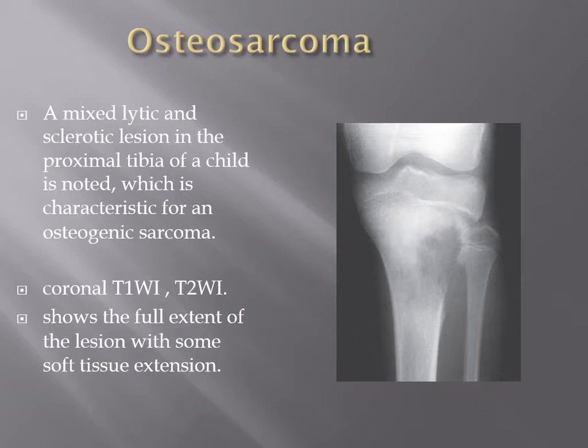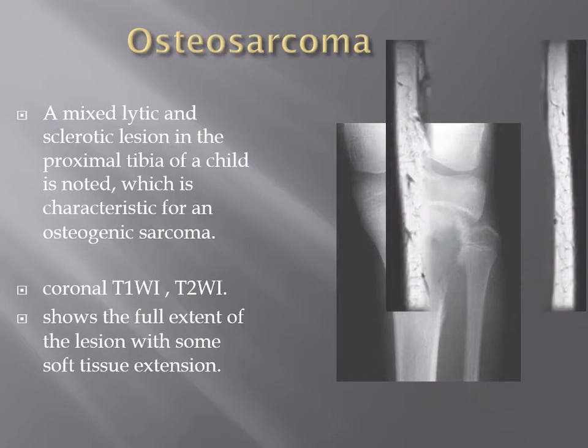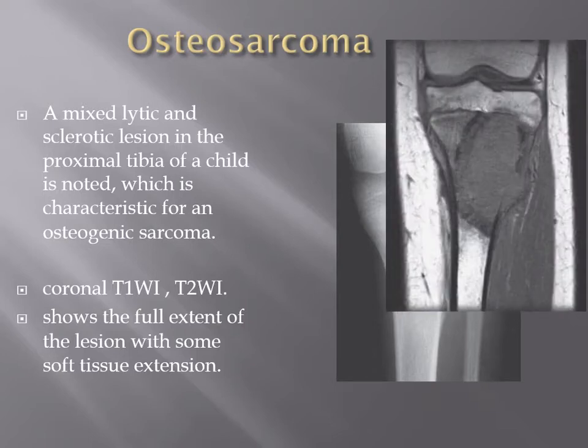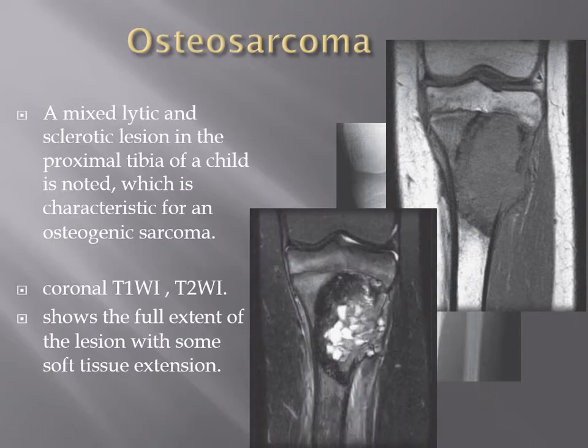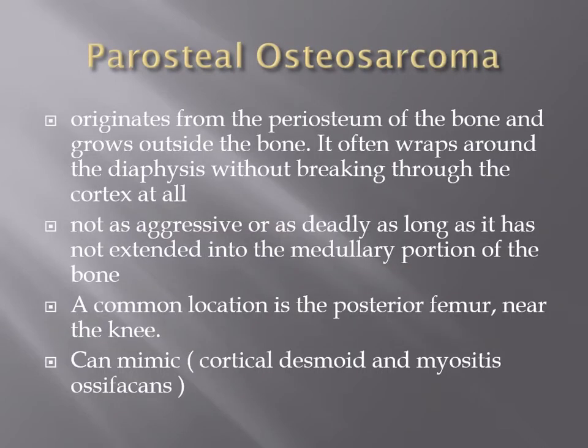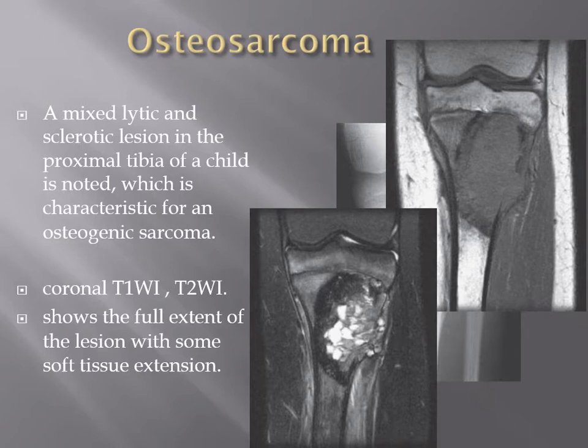When we did MRI for this patient, it showed nearly iso to low signal intensity in the proximal tibia, and on T2 weighted image, it was a heterogeneous lesion, clearly with a soft tissue component, as we can see here. So this is a case of osteosarcoma.